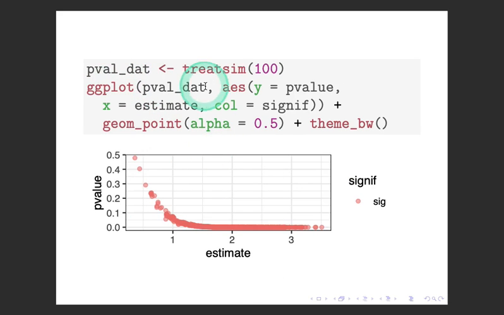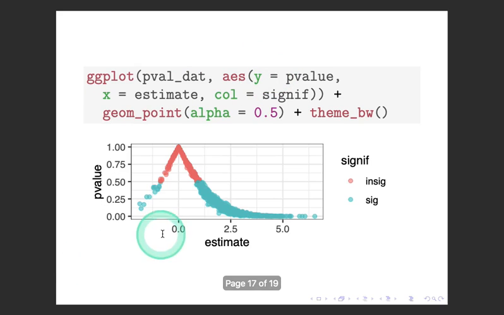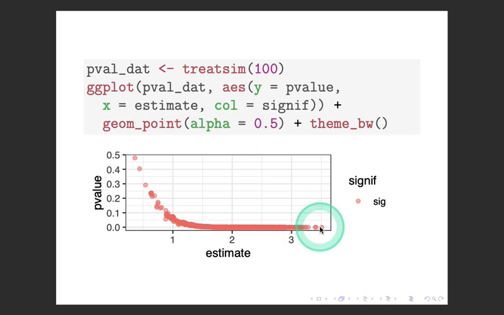Now we do this. What if the sample size is larger? Here you can see it's going from below 0 to a little over 5. Firstly, the good news is that we get less of these extreme values. And the other thing that we notice is that with large sample sizes, often all the estimates end up being significant.